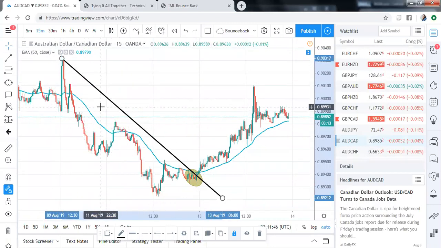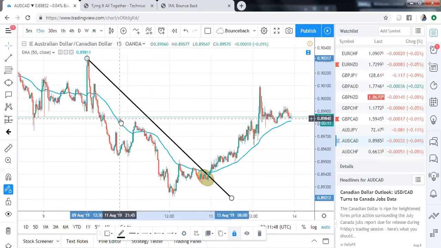All right. Now, when you've identified your trend, the next thing you need to do is identify your structure, your support and resistance. It helps you to identify possible areas that the trade is likely to retest and the areas that the trade is likely to hit as a take profit.